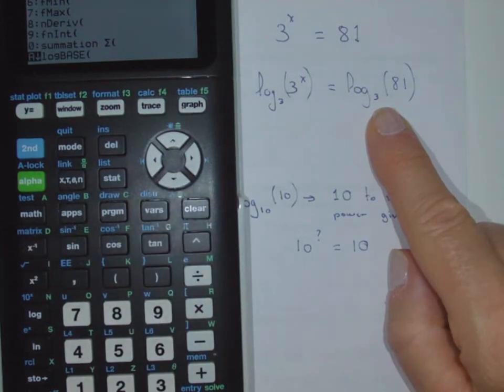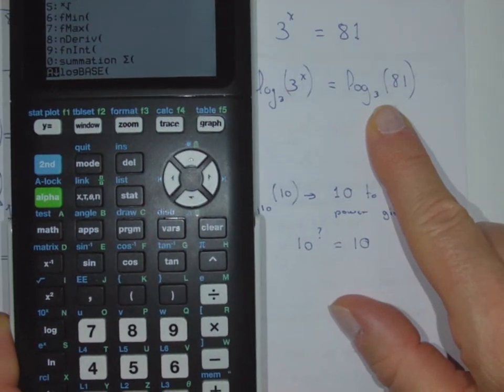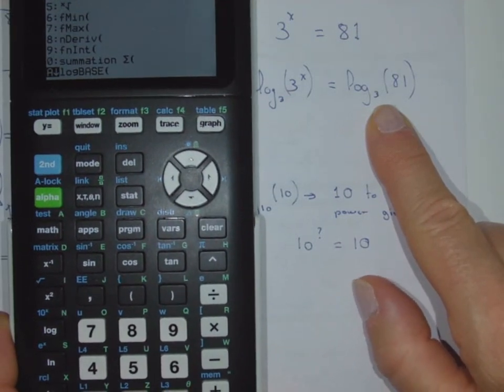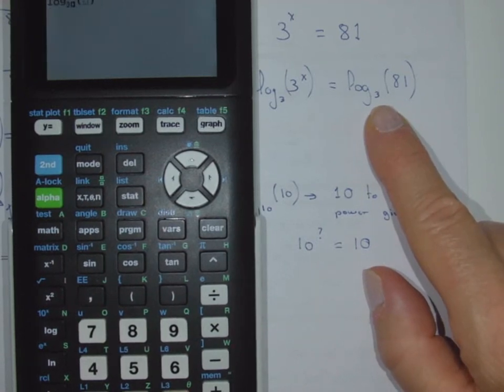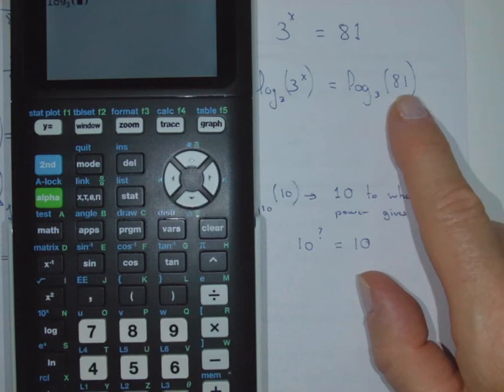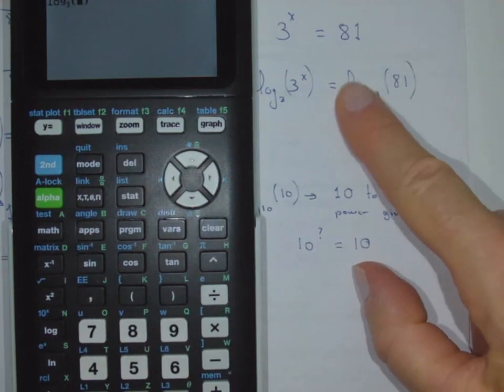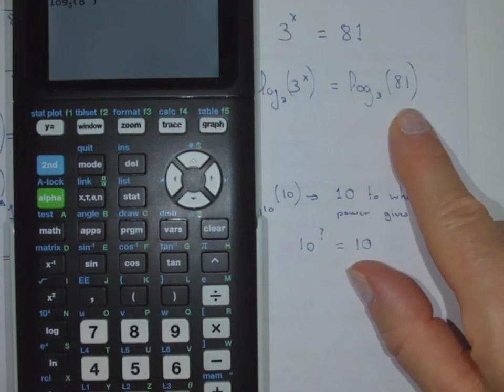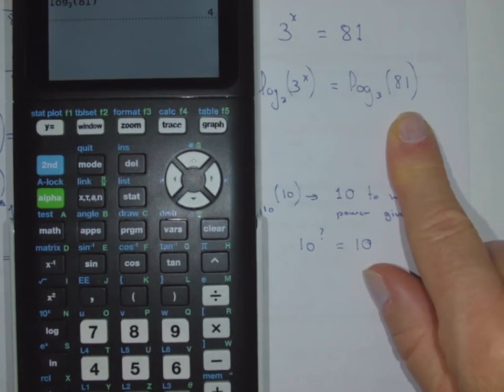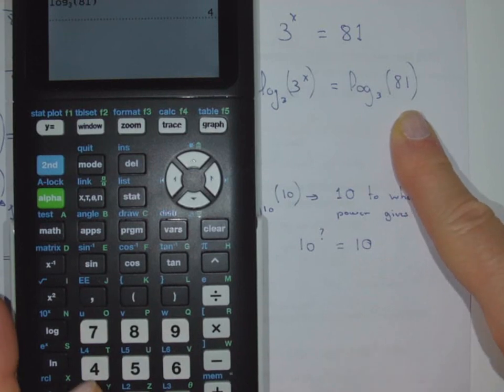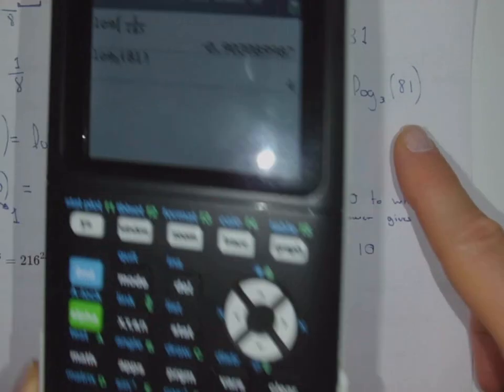See how here it says log base something? That's when you want to give a different base than 10. So you're going to say enter, put in your 3, and then put in your 81, right? I'm giving you this example to show you. Close your parentheses and it will give you the answer. So this one was a nice number. So that's when you're using something that's not a base 10.